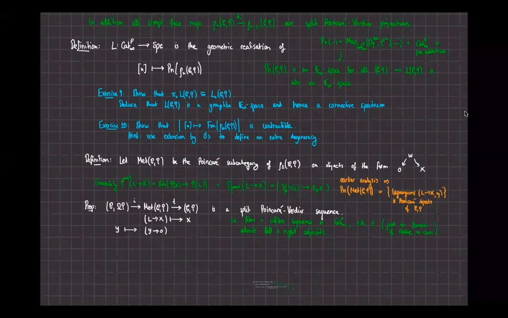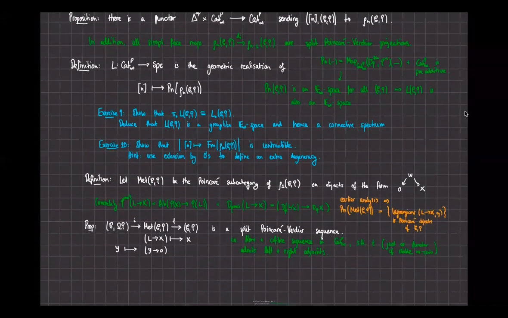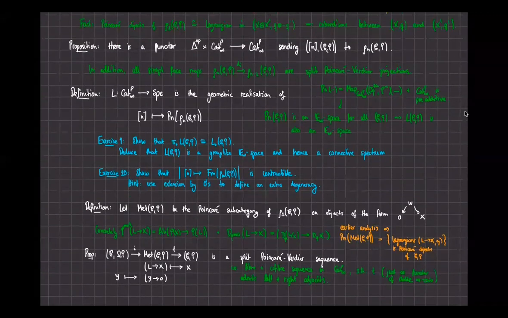So what I want to define is an infinity category called Met(C, Φ), and it's just the Poincare subcategory of this Ρ1 category on all objects which are of the form of this cospan from W to X, where one of the two endpoints is 0.